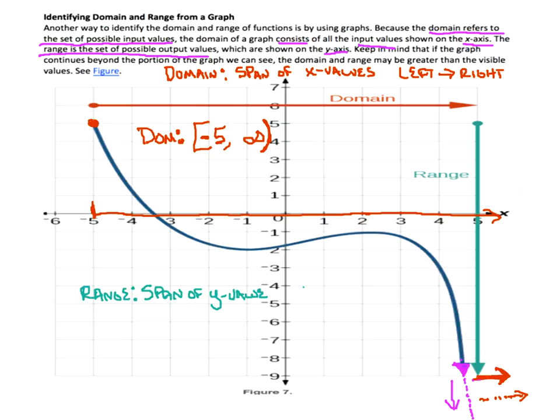So it's the up and downness of the function. And you read it from down to up. So if you notice, left to right and down to up go from negative to positive.